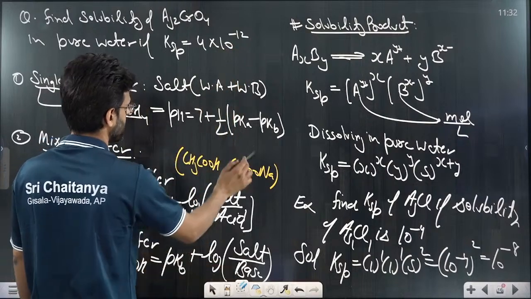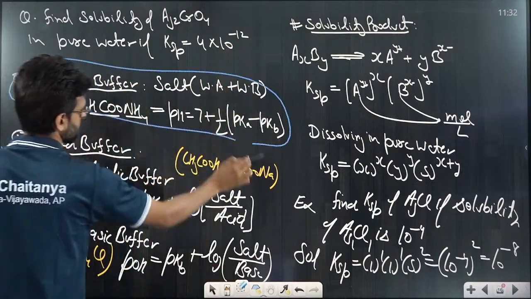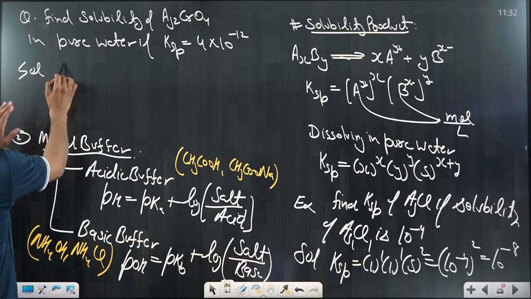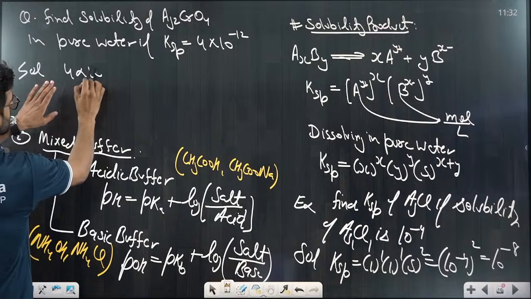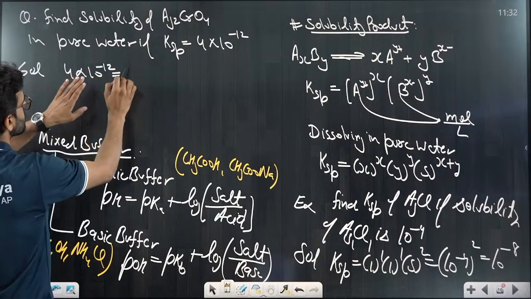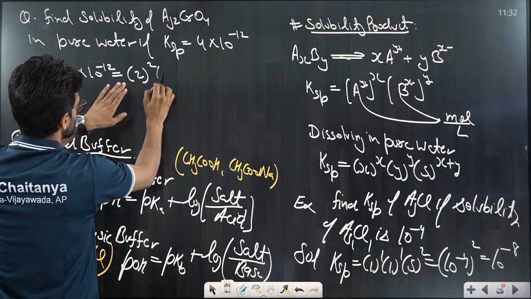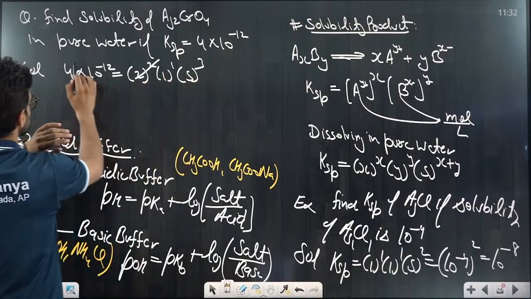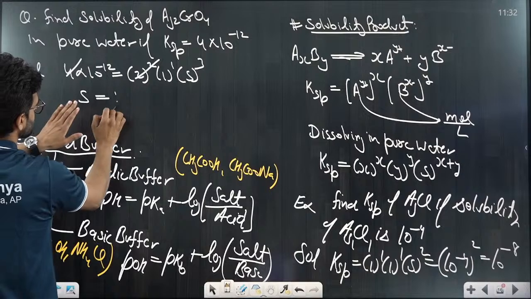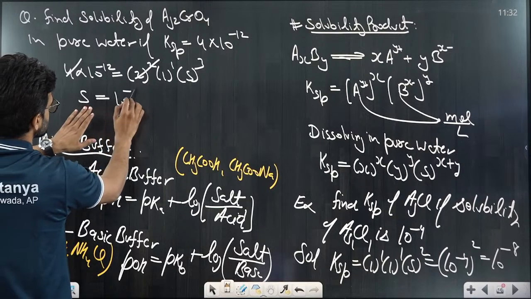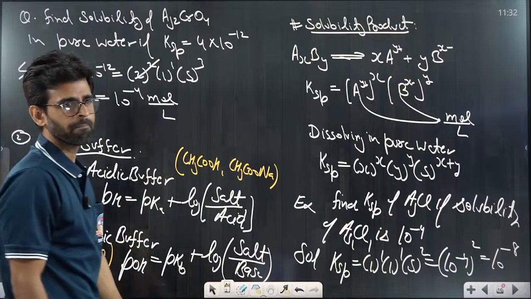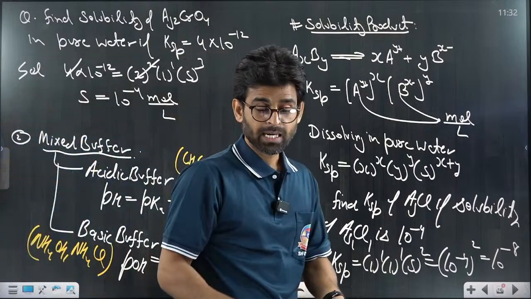Imagine this is given to us. I will write a relationship here. Ksp equals 2 power 2, 1 power 1, S to the power 2 plus 1, that is 3. 4 and 4 cancel. S is coming 10 to the power minus 4 mole per liter, right? This way you can find.